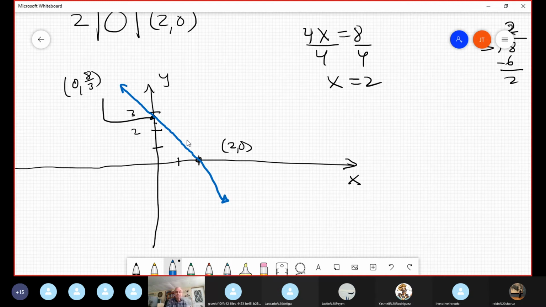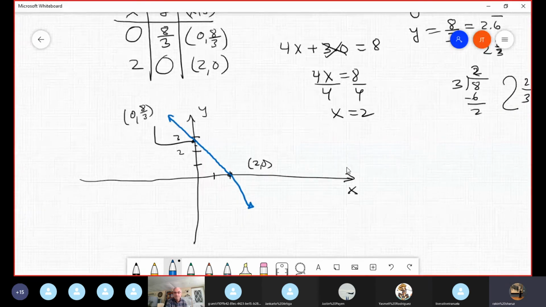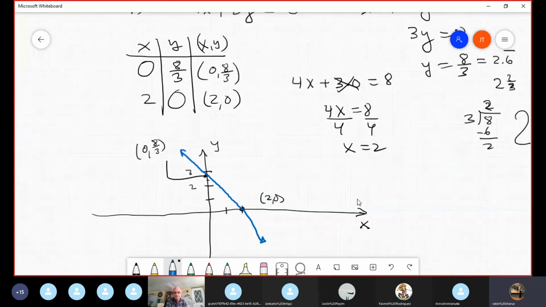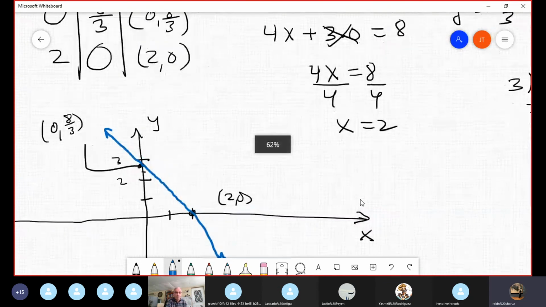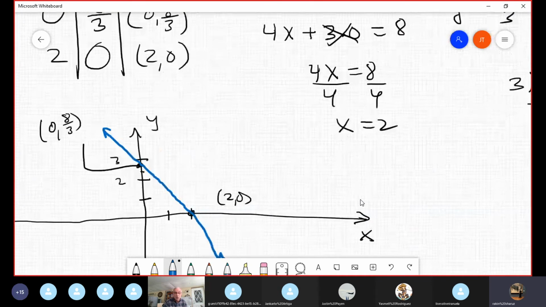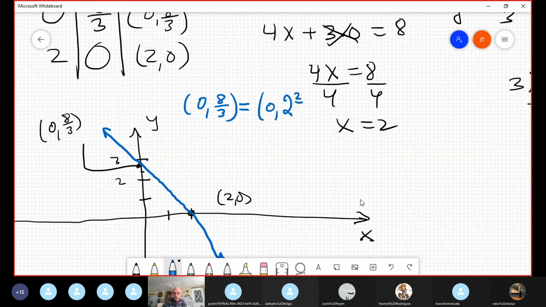Any question? Can you show how you did the graphing for 0, 8 over 3? Okay. Are you aware that the point 0, 8 over 3 is equivalent to 0, 2 and 2 thirds, using a mixed number?